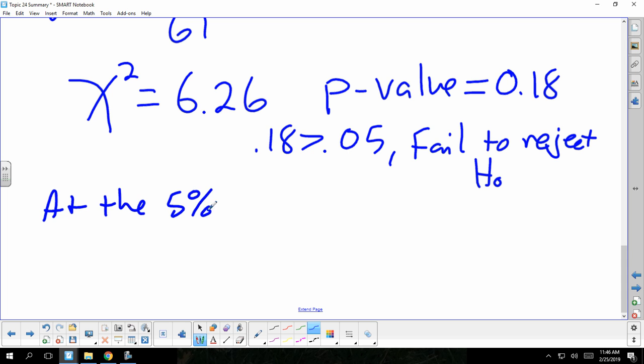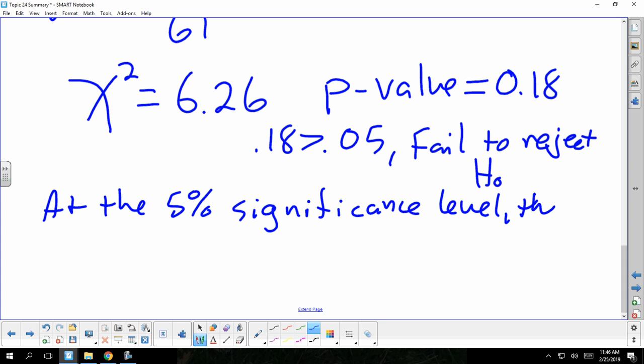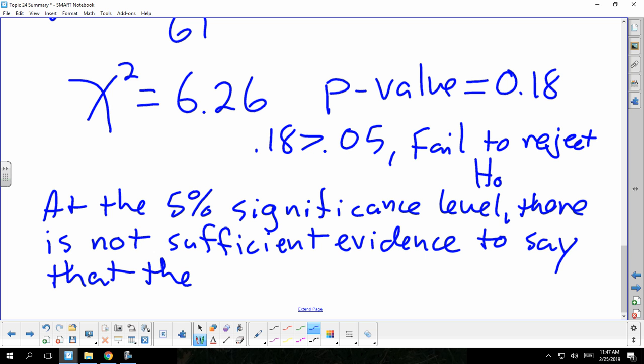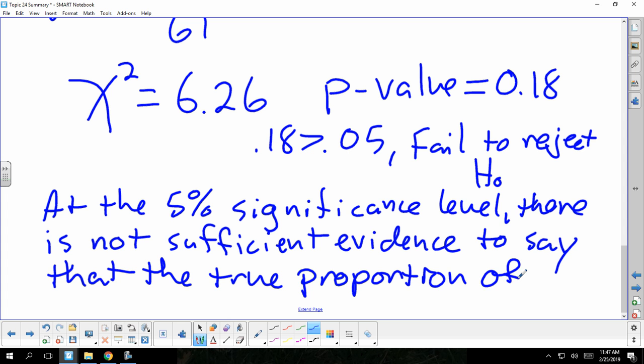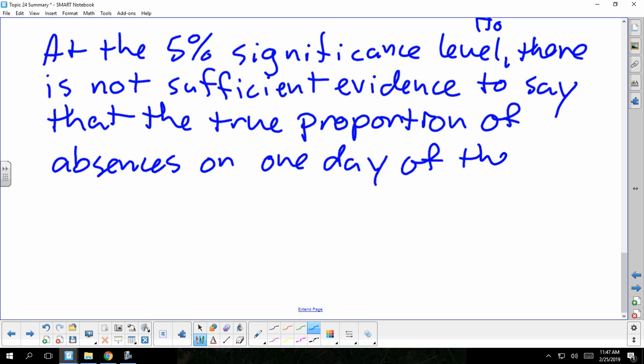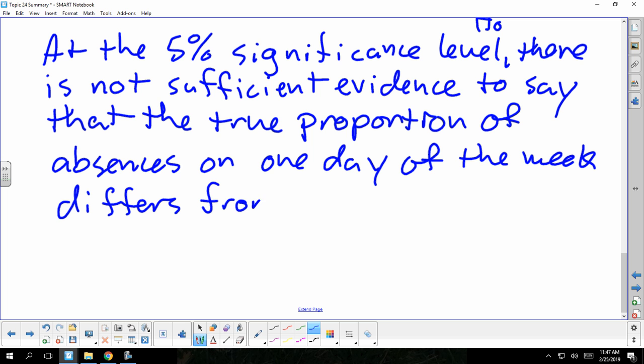At the 5% significance level, there is not sufficient evidence to say that the true proportion of absences on one day of the week differs from any other day.